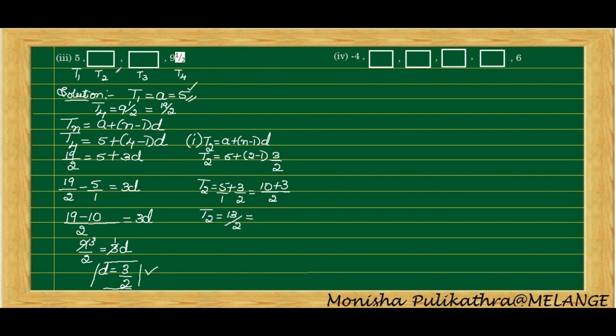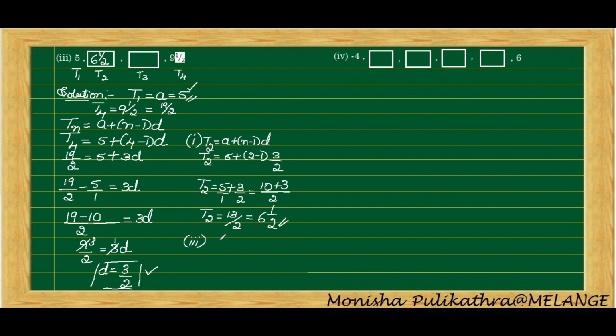Since the numbers are given in mixed fractions, we can change it into a mixed fraction. So the mixed fraction will become 6 1 by 2, because 2 6s are 12, 12 plus 1 is 13, 13 by 2. Instead of 13 by 2 we can write 6 and a half. So what is the value for T2? The value for T2 is 6 1 by 2, that is 6 and a half. Okay, second term. Next is the third term.